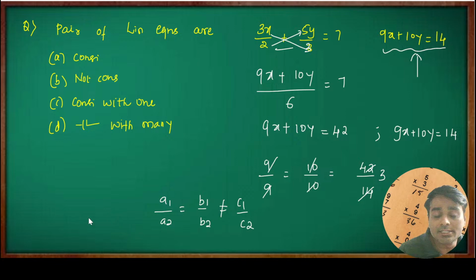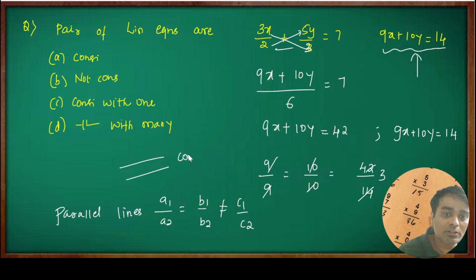these two are parallel lines. If they are parallel lines, then they will not have a common solution. Because parallel lines won't meet anywhere. The coefficients are equal.